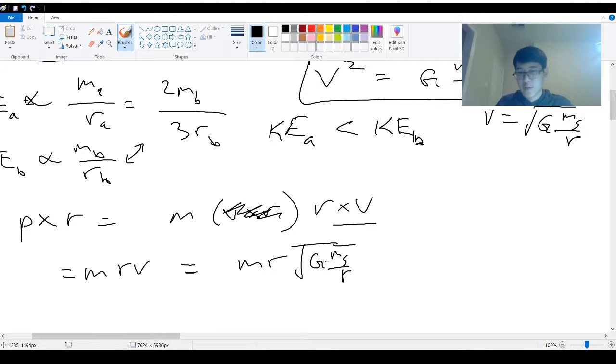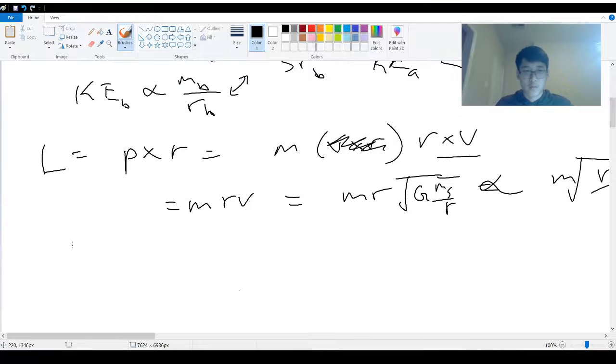Again, I'm not going to care about the constants because they don't matter between the two planets. So I'm going to say this is proportional to, and I'm going to move the r inside the square root by taking r squared, so it's just equal to m times the square root of r. So L is proportional to m times square root of r.